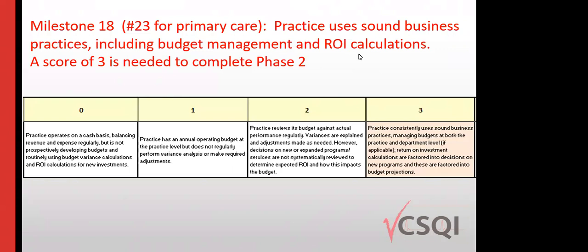A 2, the annual budget is reviewed regularly to understand variances against what was projected. And a 3, the practice consistently uses sound business practices, including calculating return on investment when considering decisions on new programs.